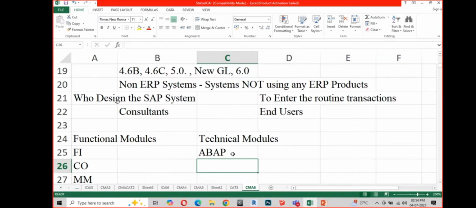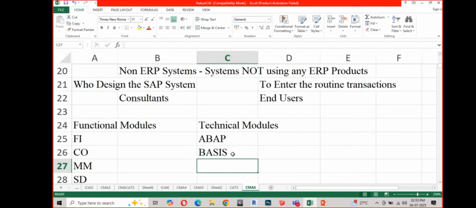And we also spoke about data security. Who is responsible for maintaining the data security or managing the security of the SAP data? It is a module called Basis, which is responsible for managing the security of the SAP data, so that it doesn't go out of the organization.